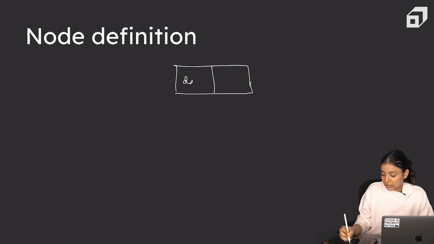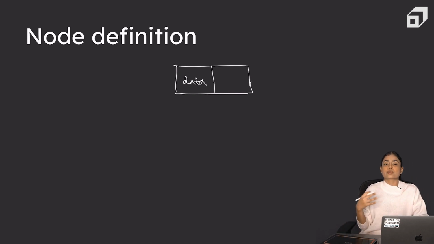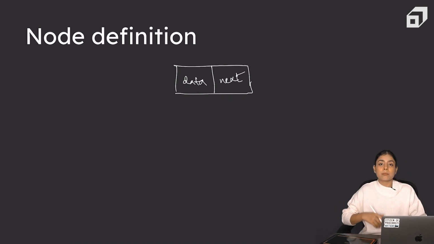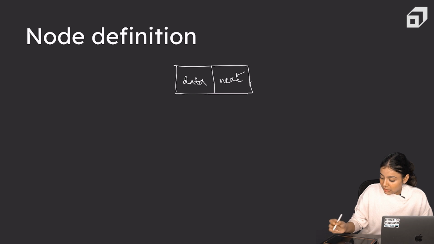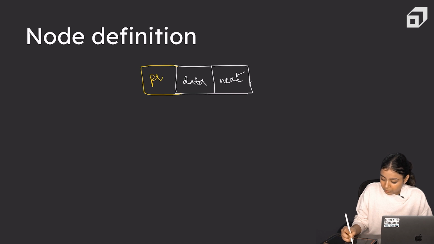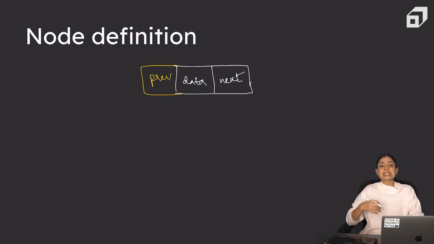First was the data part or the value part, which is storing some value for us, and the other part was the next part, which was basically a pointer to the next node in the list. Now in a doubly linked list, we have a third part to this node, which is called previous, and this is the link to the previous node in my list.